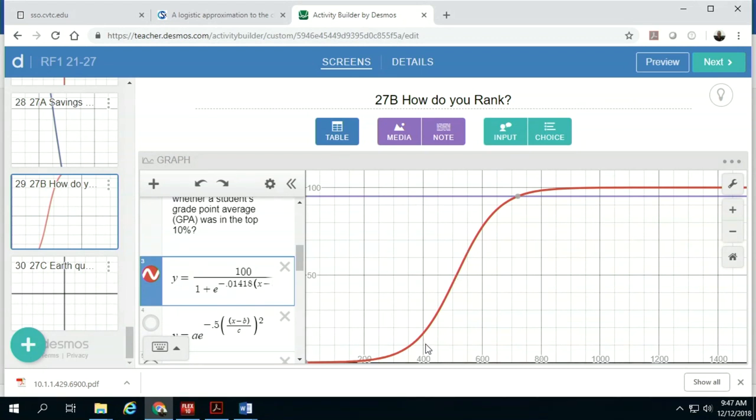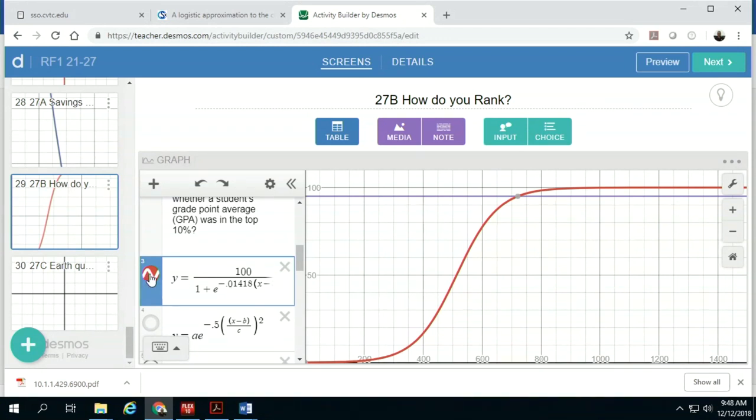But here's the situation that we're faced with here with this problem. Page 358 says, another example of a logistic function.